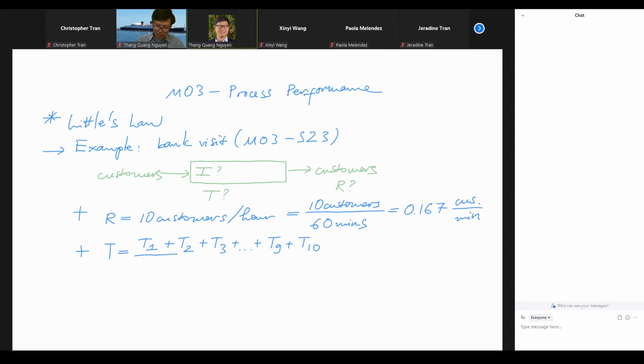Okay, we add all of them up, divided by 10, then that's the concept of the average flow time, right? We have the 10 individual flow times, but we need the average. So that's the concept of how to calculate the average flow time, right?